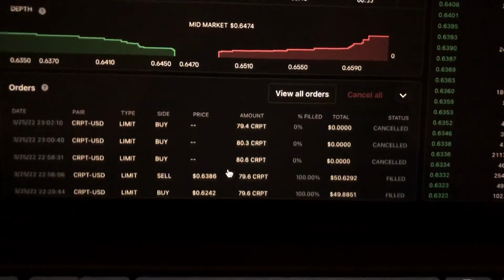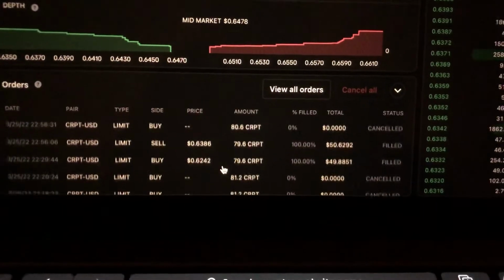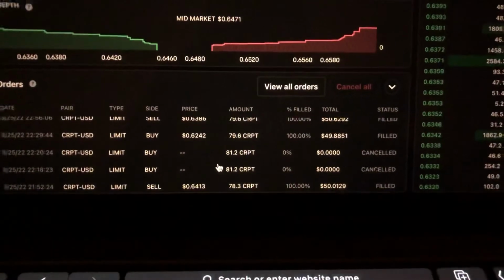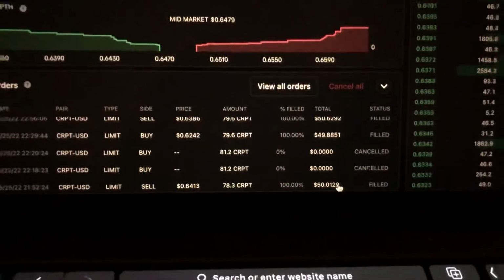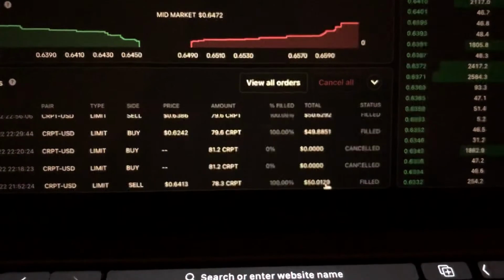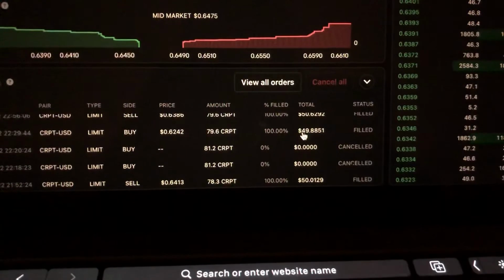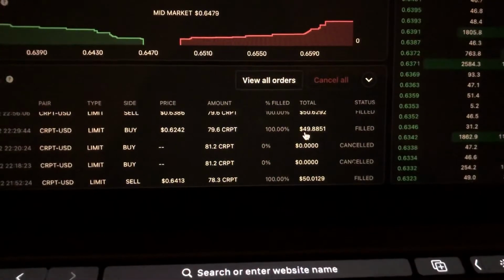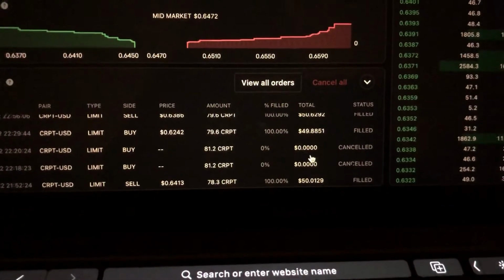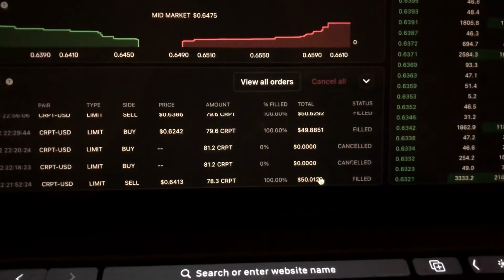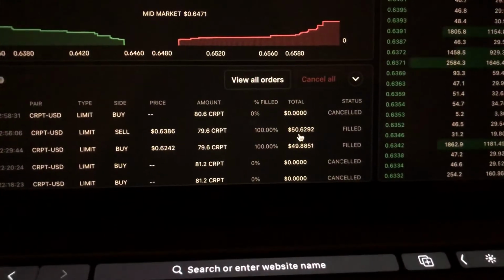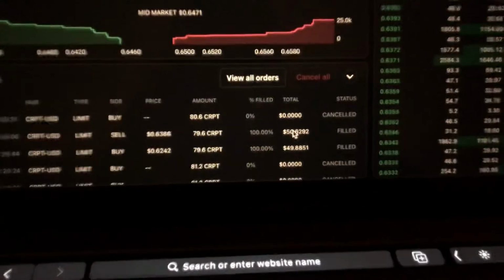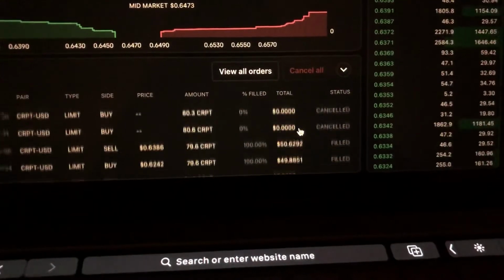Down here you can view your orders, what you bought and sold at, your canceled orders, everything, what was filled, what wasn't filled, and so forth. I stopped paying attention to it, so I started losing money. My first one was at 50. I sold for $50, then I bought back in. Then I sold for $50.62.